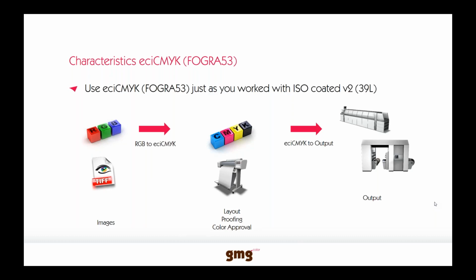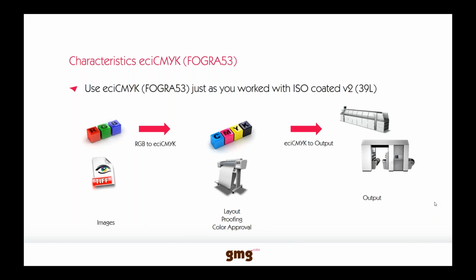So FOGRA53 is just meant for color exchange. A lot of people use today FOGRA39 when they don't have a clue in which condition the file will be printed. So in this case, FOGRA39 works as an exchange color space.